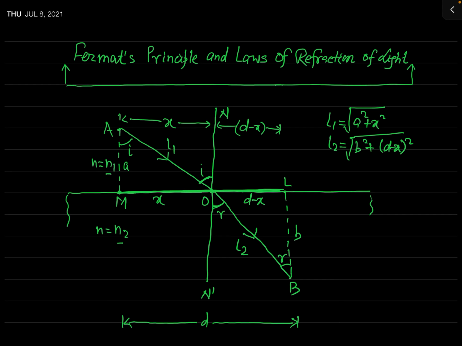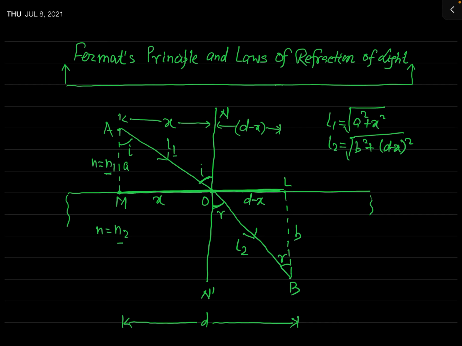That product gives the optical path. So in the first medium we simply multiply N1 and L1, and similarly in the second medium, the optical path will be the product of N2 and L2.